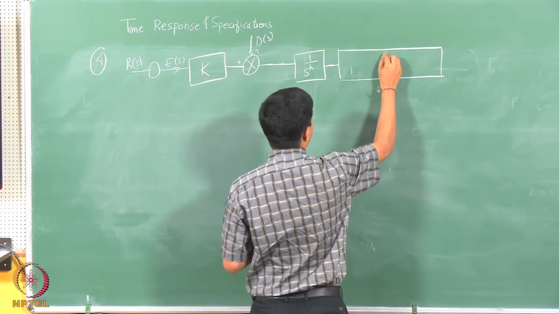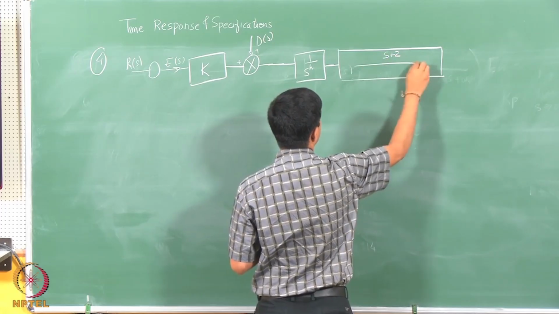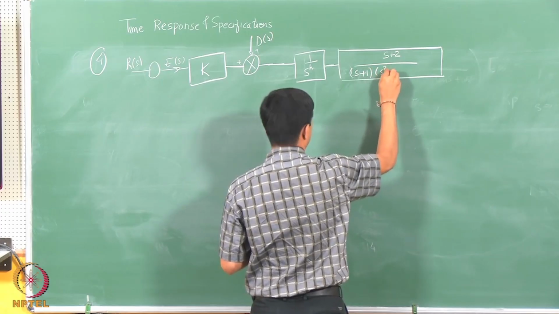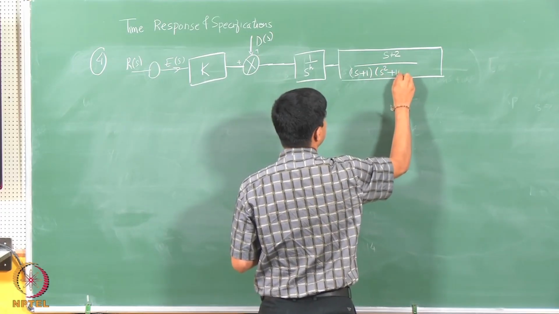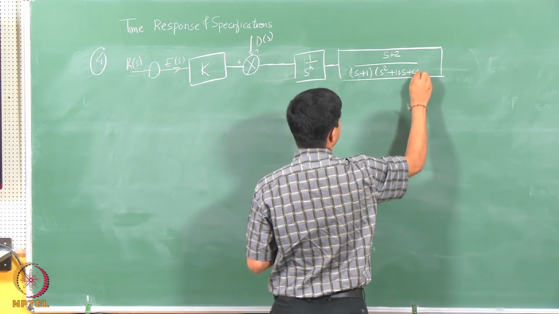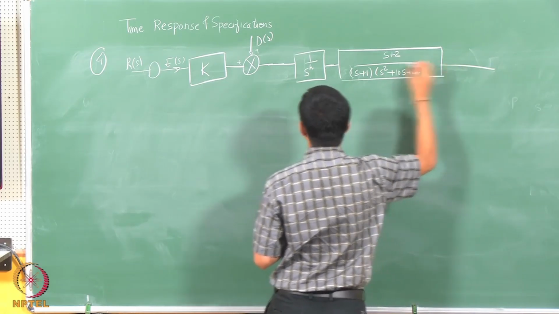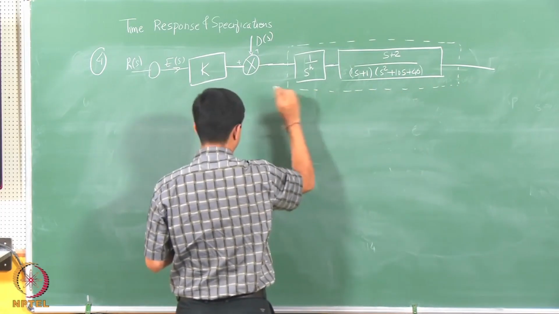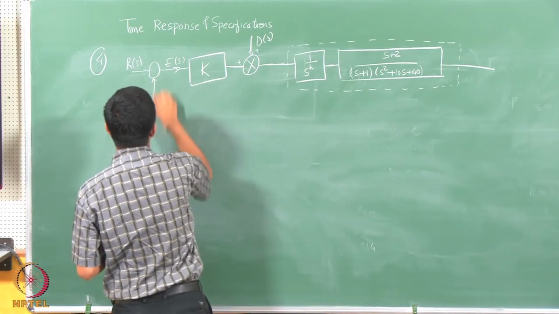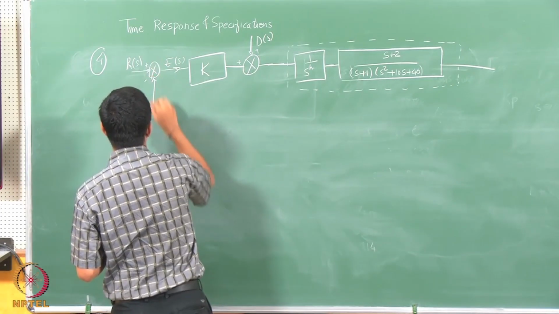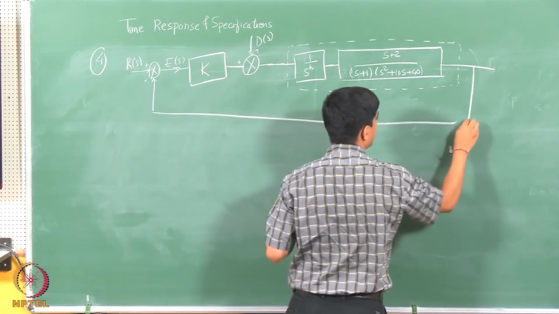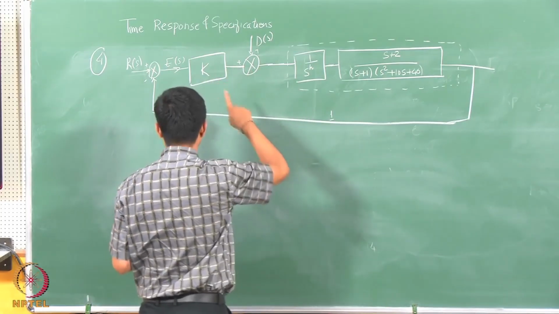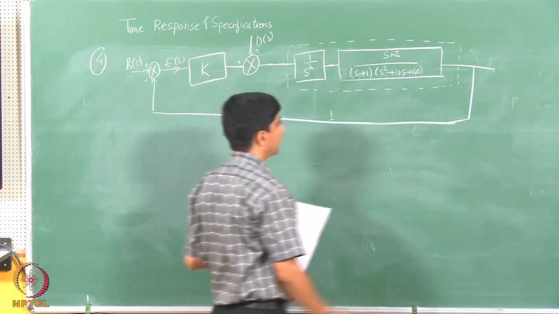I have s plus 2 over s plus 1 times s square plus 10s plus 40, right. So, this is my entire plant as it looks, and a negative feedback as usual, a plus here, a minus here, just a 1 here. Okay. So, this is my k, and so on, and this is my y.